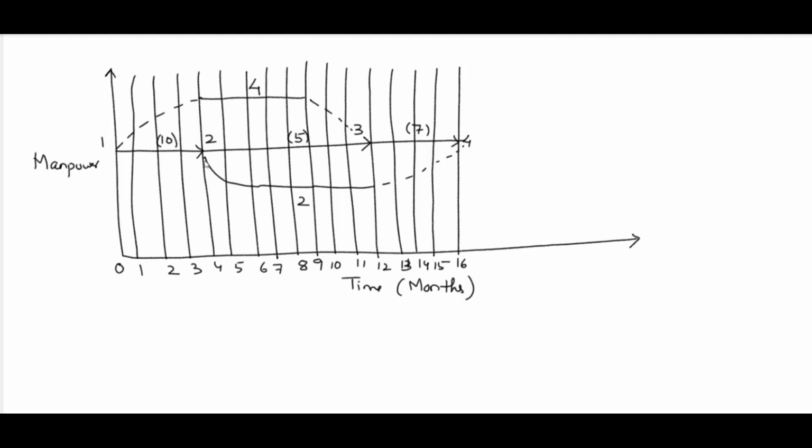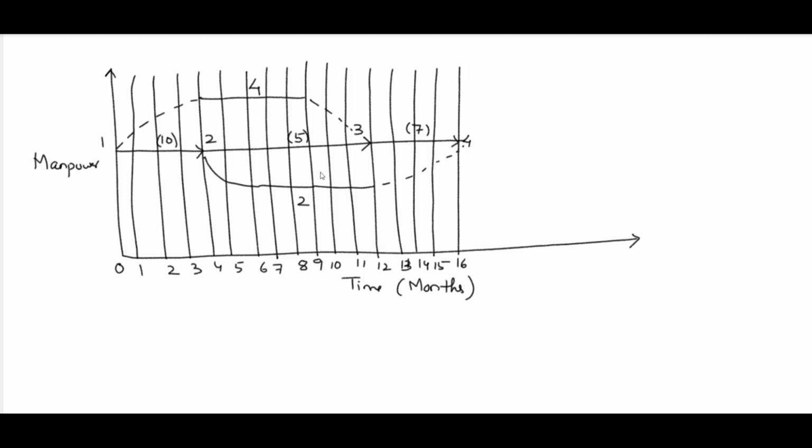Then we have to arrange this non-critical activity in such a way that the manpower requirement is below or equal to 10. Let's start from here. If we make the continuous line, it needs 2 for 8 months.